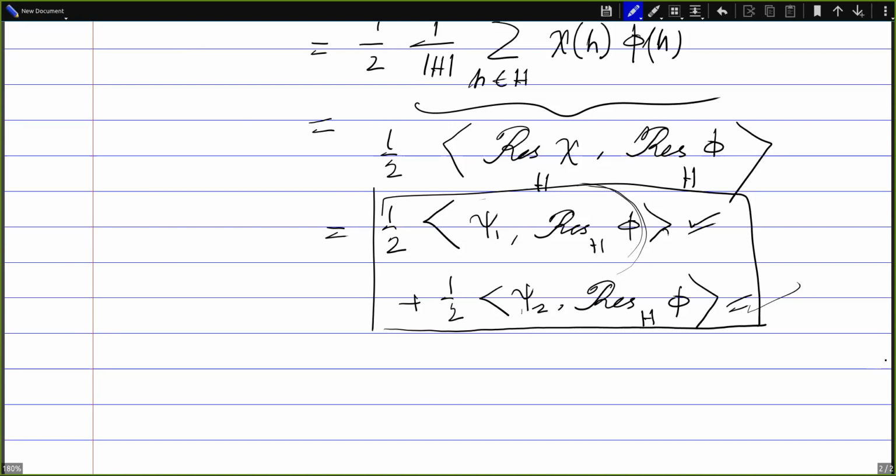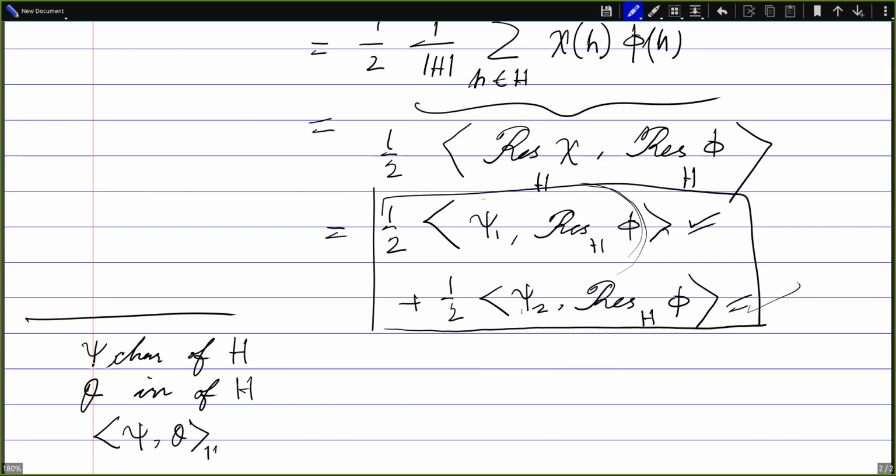It's a general definition. Suppose psi is some character of H, not necessarily an irreducible character of H, and let theta be an irreducible character of H. If the inner product of psi and theta is non-zero, then what it means is, since psi is a character of H, it's a class function, so it will be a linear combination of the irreducible characters of H. So this condition just ensures that in that linear combination, the coefficient of theta is non-zero, right?